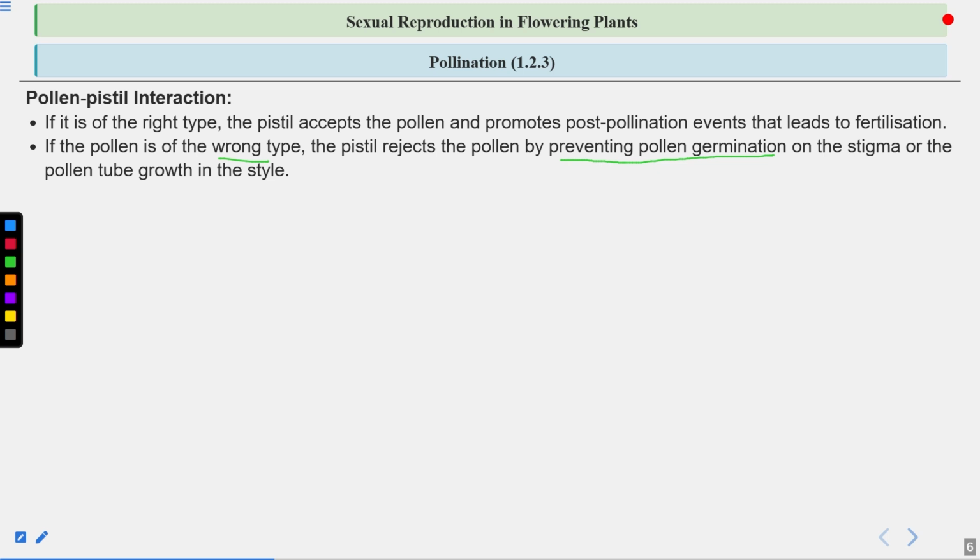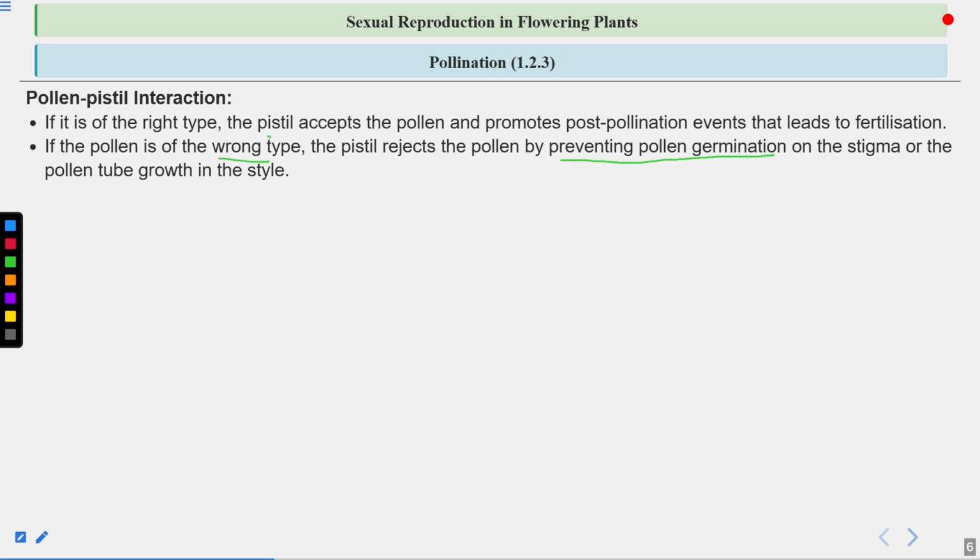The same type of allele will not be accepted. If the pistil has the S1 type and the pollen has the S2, S3, or S4 type, then they will allow it to germinate. That is compatible. And if the pollen also has the S1 type, then it is incompatible, right? So that is the right type and wrong type.